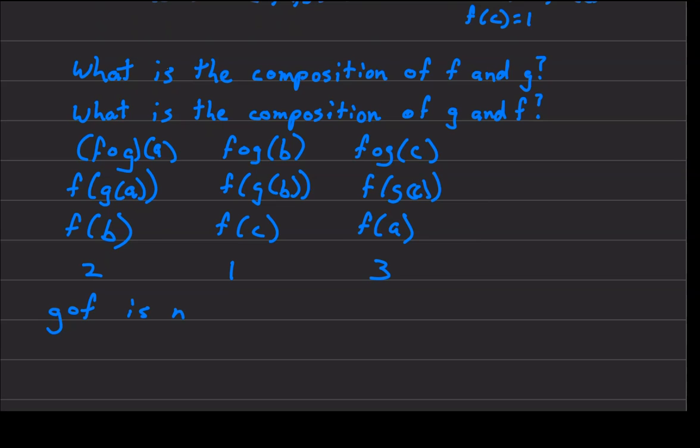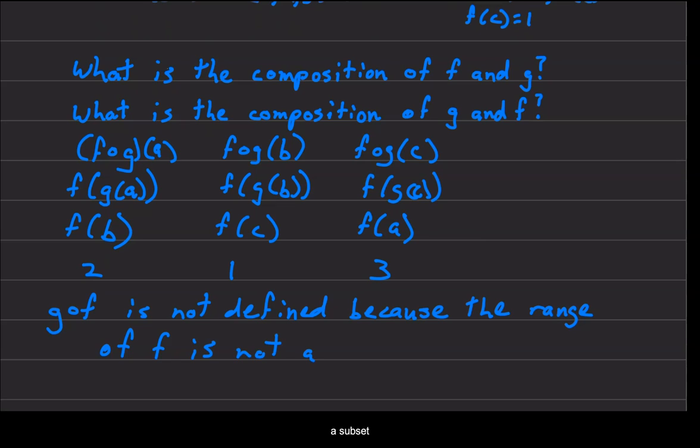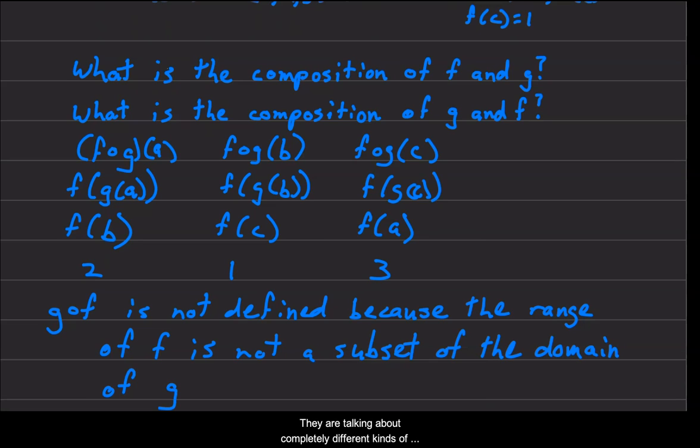It is not defined because the range of f is not a subset of the domain of g. They are talking about completely different kinds of things, so it's not a definable composition.